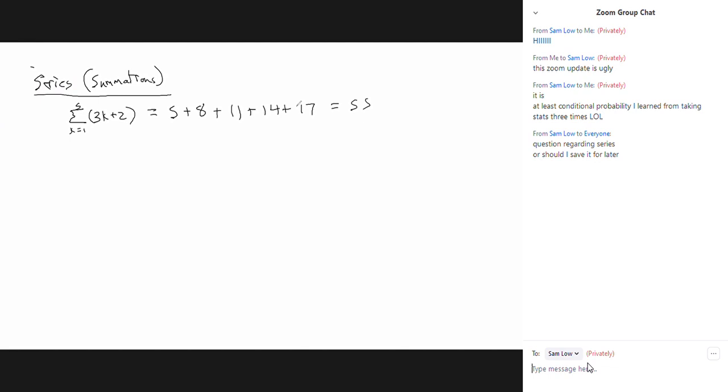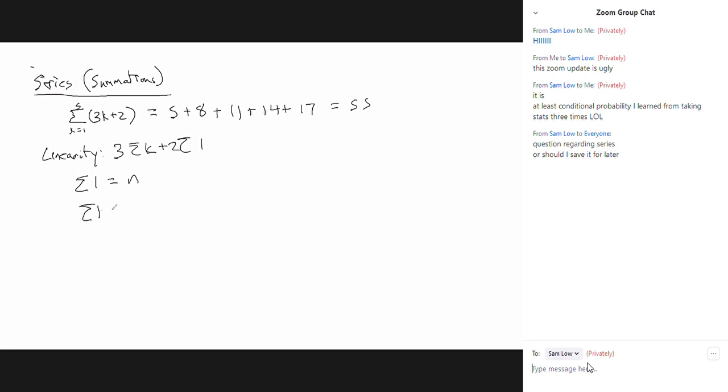The way that you should do it, because these numbers might be large, is we use our linearity principles. So we break this up into 3 times the sum of k, plus 2 times the sum of 1. That's the way we're used to. Then to calculate these individual parts, we had a bunch of equations.